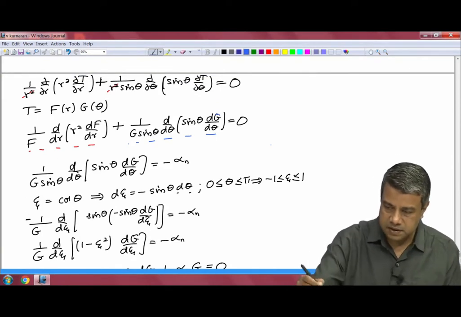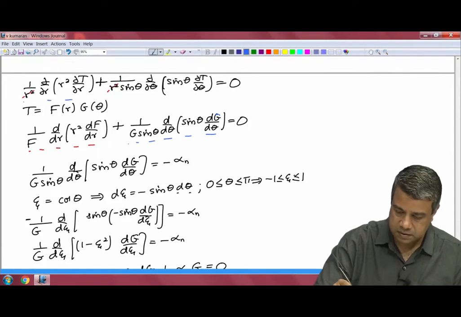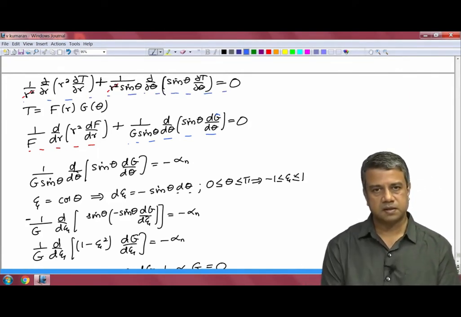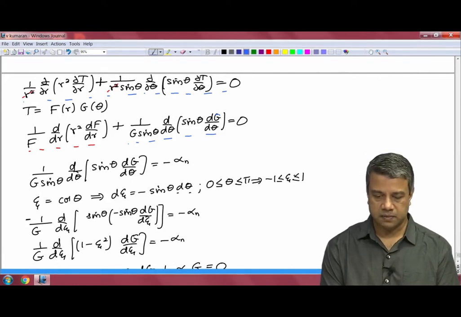So, this is the Laplace equation for the temperature. And we were attempting to solve this by separation of variables, where the temperature was written as some function of r times some function of theta, that is f of r times g of theta.